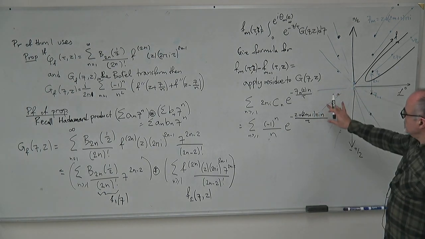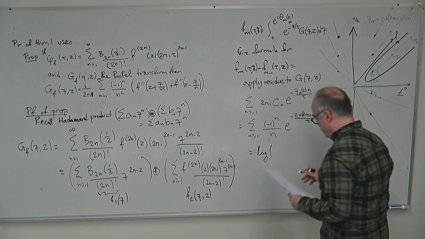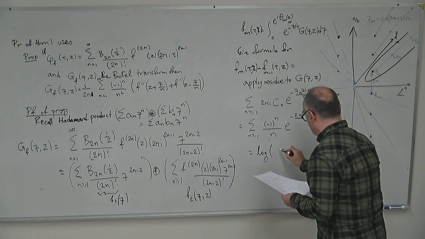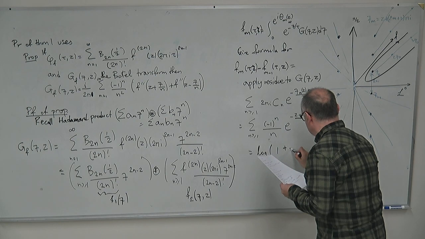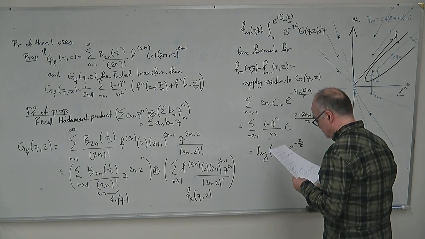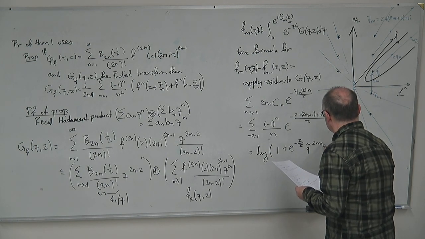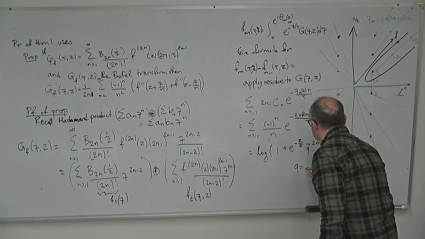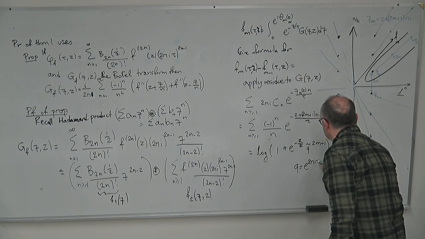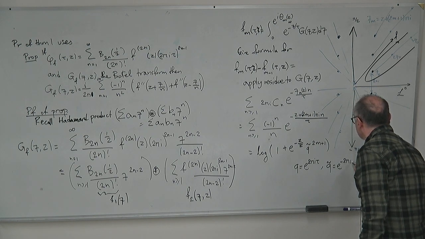And I'm summing, so this becomes manifestly a logarithm of what? Of 1 plus e to the minus z over tau q tilde to the 2m plus 1, where q is e to the 2 pi i tau and q tilde is e to the minus 2 pi i over tau.